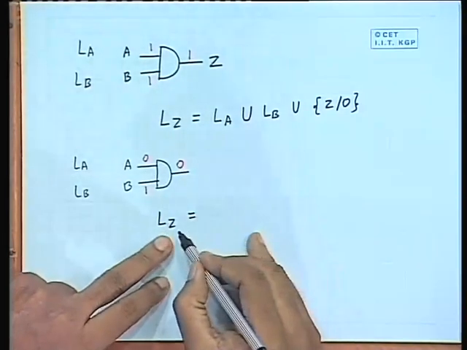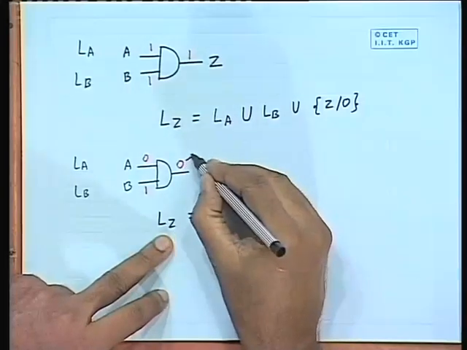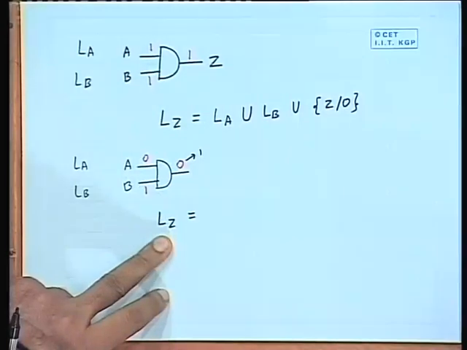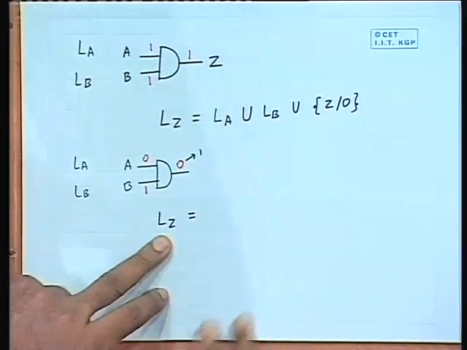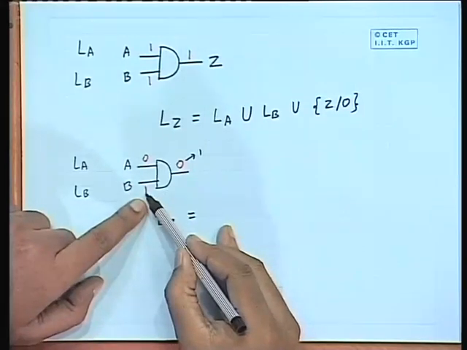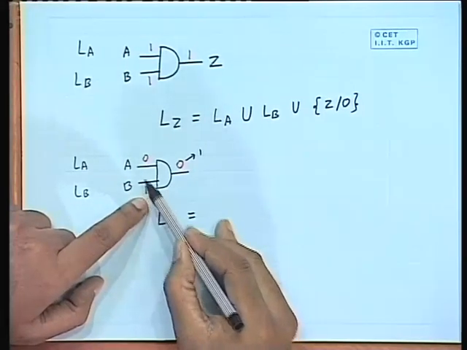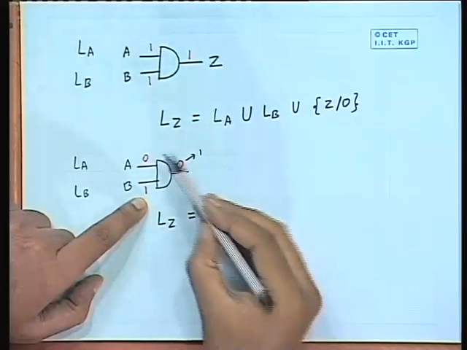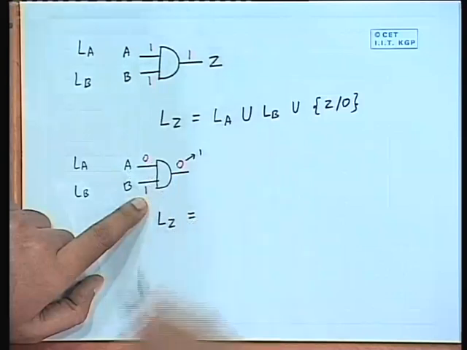So, LZ will contain all those faults which will make this 1. Now, let us see how we can have this at 1. There are two conditions. One condition is that B will not change, B will remain 1, but A will change.